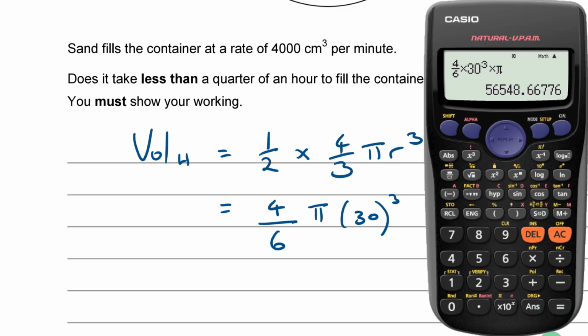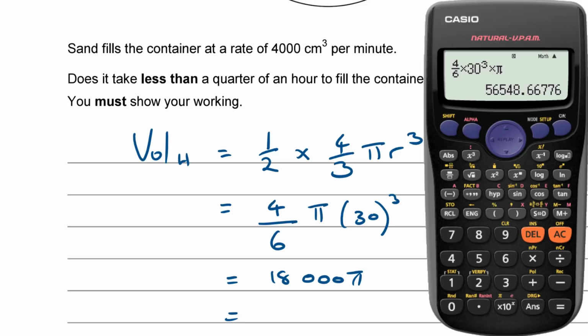Well, thank you, calculator. That's 18,000 pi, which is 56,548. Just going to write it down with pi in it in case I need to do some further calculation. And then I'll write it down as a decimal rounded off.